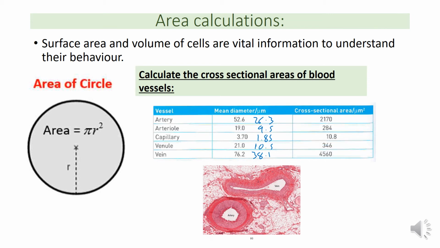So if I just do one of those to show you how I would do it. Okay, so again, all I would do is pi r squared. So pi, we said, was 3.142, and I'm going to multiply that by 26.3 squared. 26.3 times itself.